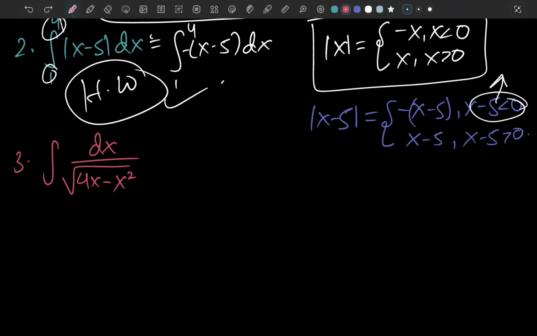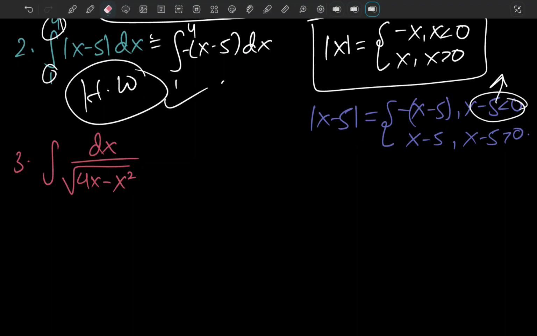If I replace this 4x with 1, so this integral becomes dx over the square root of 4 minus x squared, that is a very easy integral. There are some formulas for this also, but that is why we have introduced x over there, because everyone claims the formulas, but no one shows how to solve these kinds of integrals.